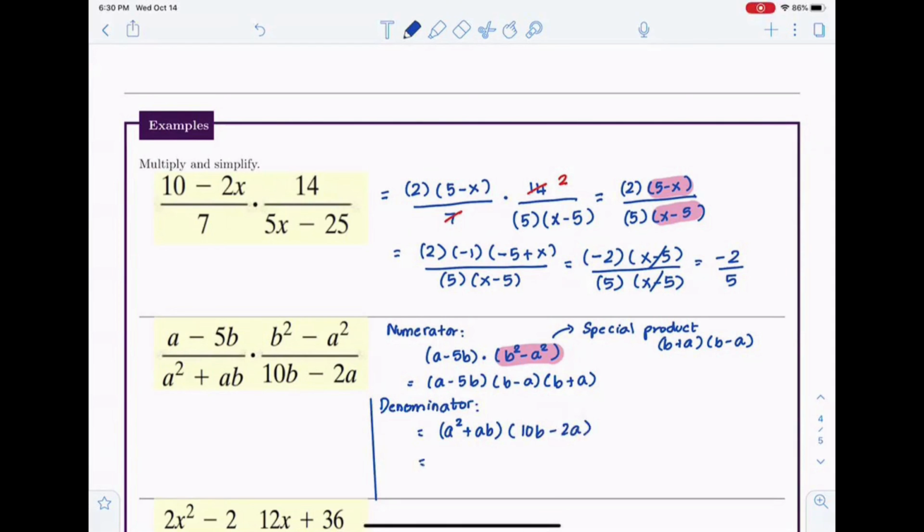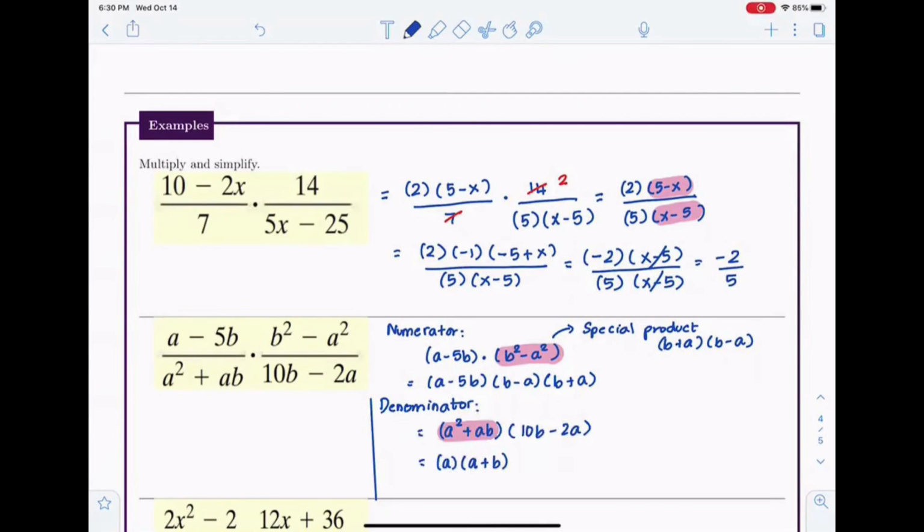In the first factor, which is a squared plus ab, we have a in common. So if I pull a out, I'd leave behind a plus b. If you distribute a back, you'd end up getting a squared plus ab.